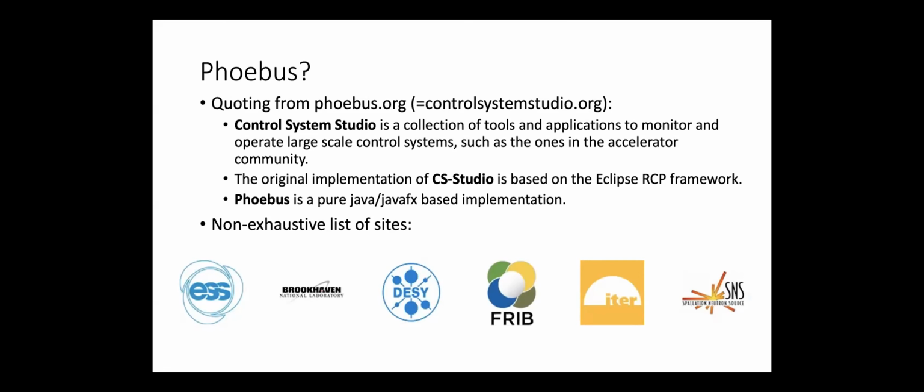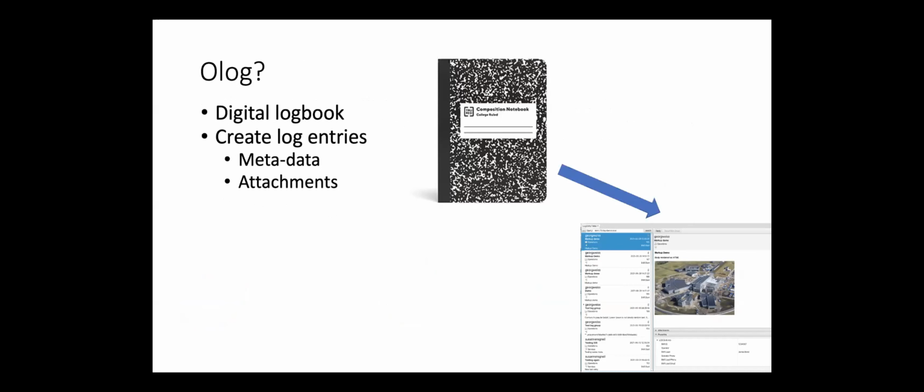Now, what is OLOG then? OLOG is, in short, a digital logbook, which is needed for many things in a facility like ESS. It supports creation of log entries to which you can attach metadata and attachments, basically files.